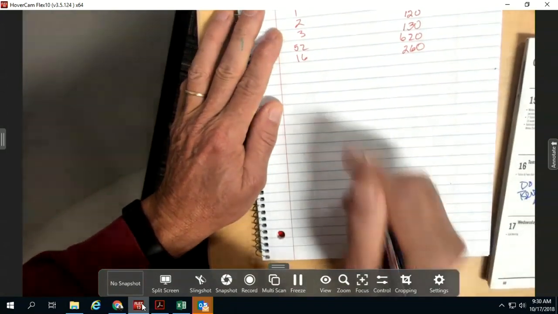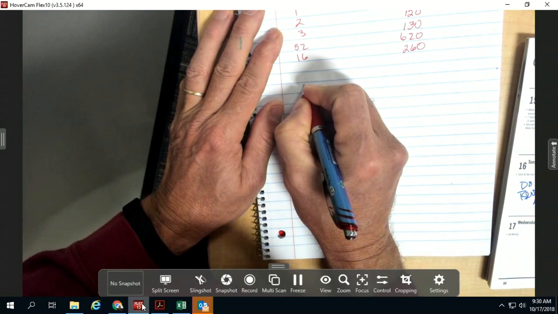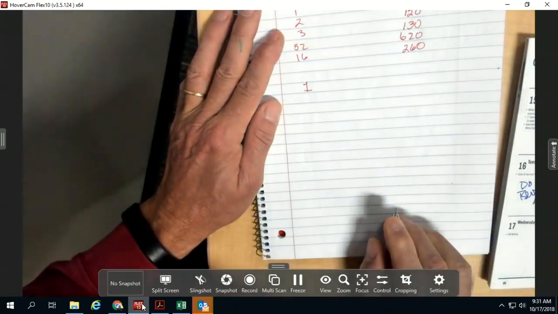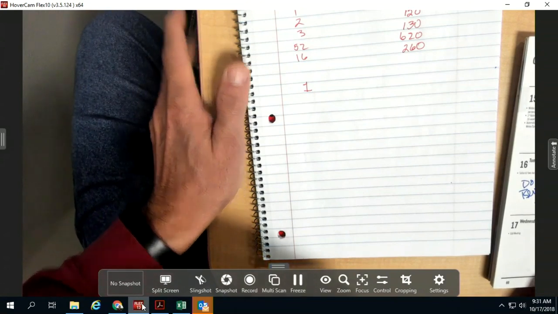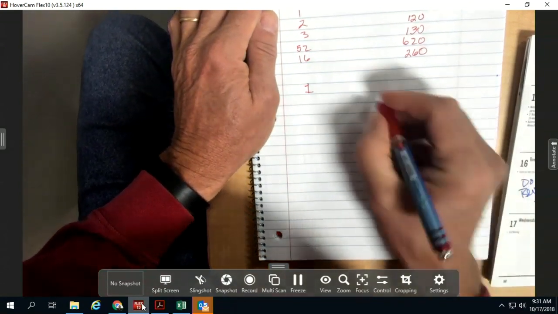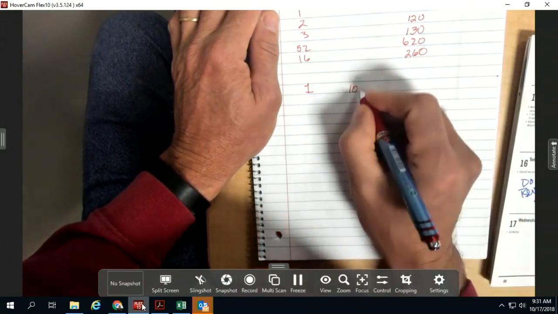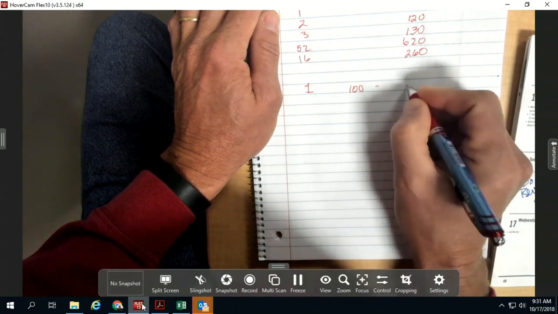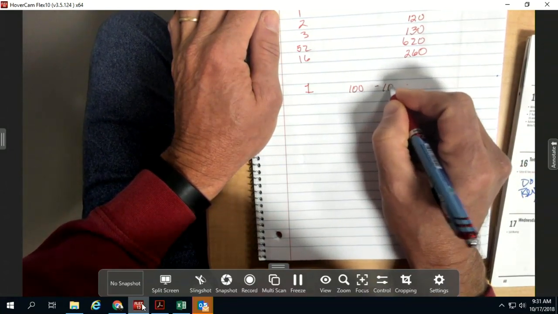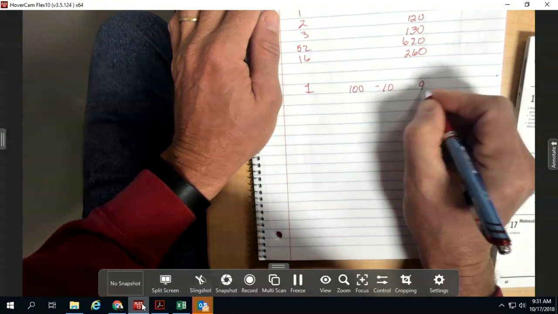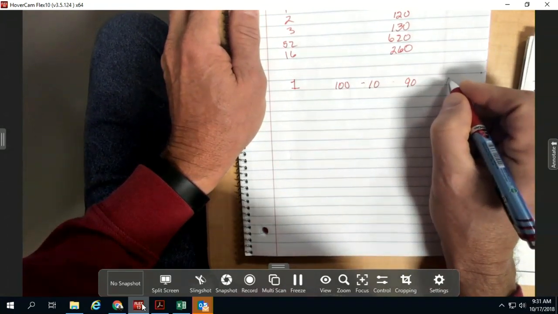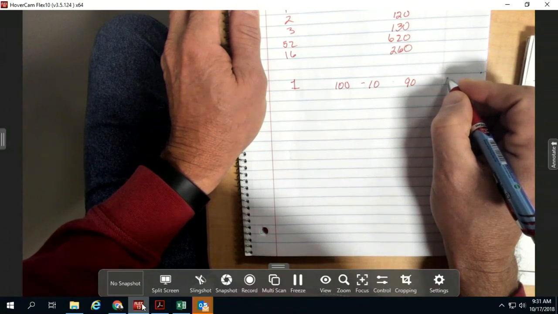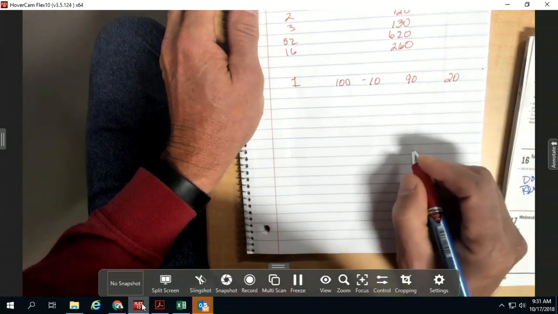Now let's go to the second one. It says each week she pays the $10 plus the interest for that week. So she started at $100. She paid $10 off from her loan. So she owes $90 still, right? How much did she pay? $10 plus $10 off her loan? $20.